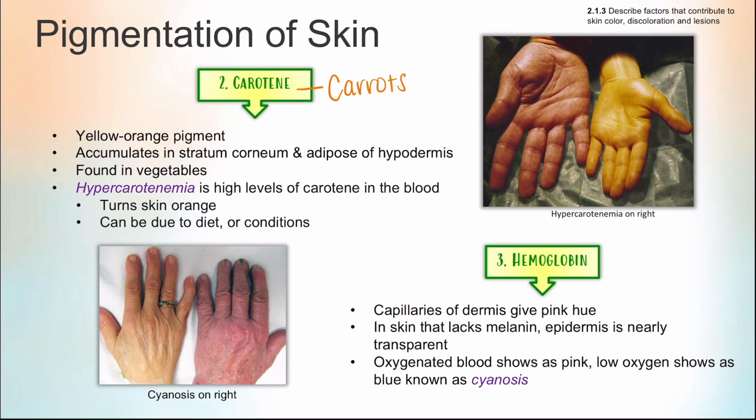So what is going to happen is, in some cases, due to either diet or a health condition or a very weird adverse reaction to medication, a person may have a pigmentation that gives the hue of a fluorescent orange. So this is something known as hypercarotenemia.